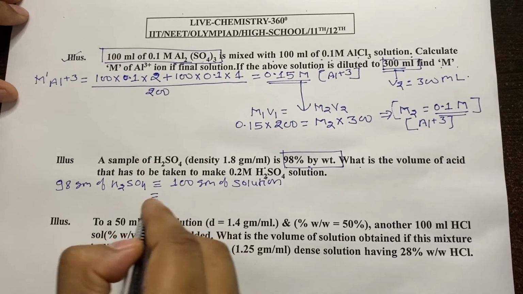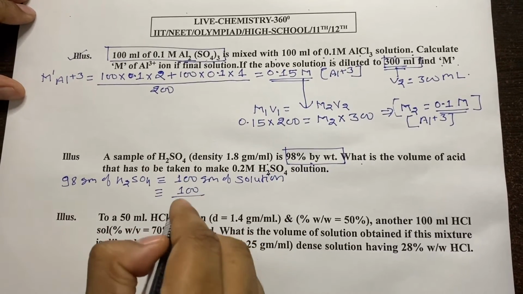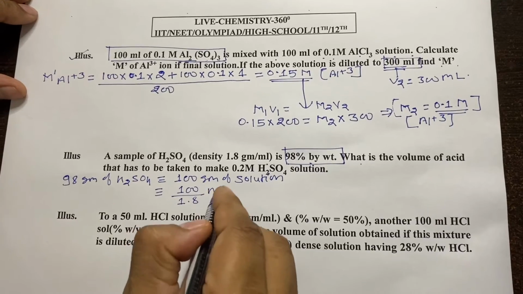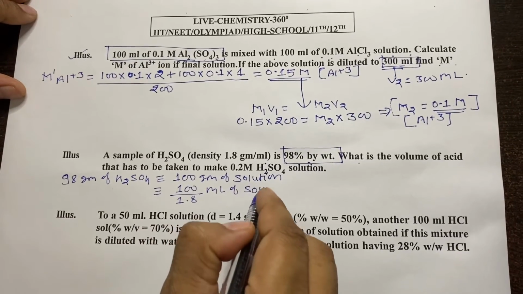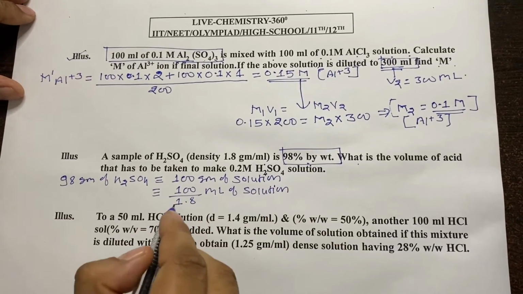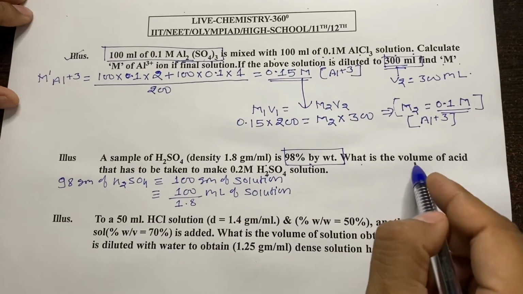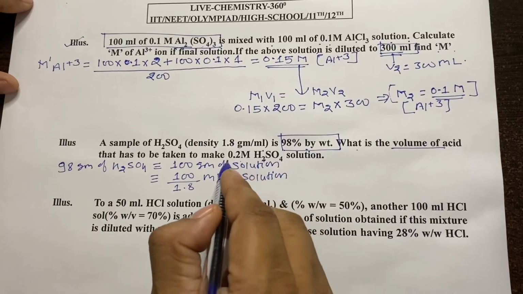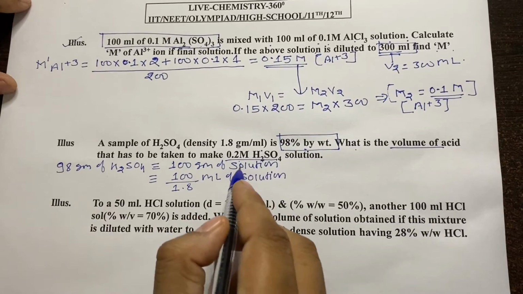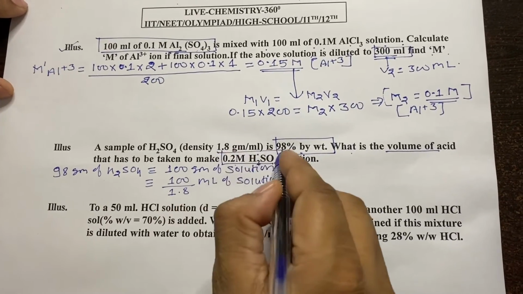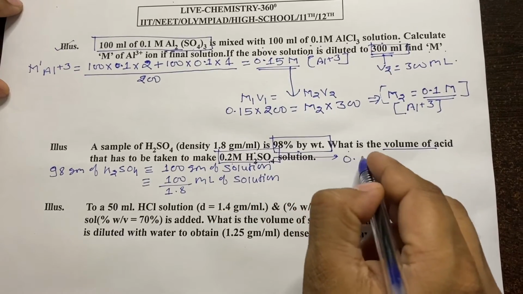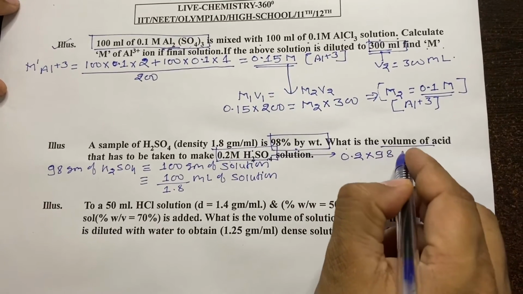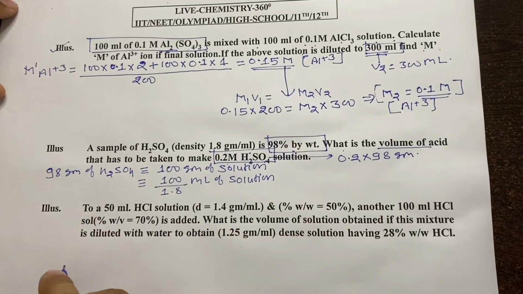Or we can say it is present in 100 upon 1.8 ml of solution, because mass by density is volume. It is required to calculate the volume of acid that has to be taken to make 0.2 M H2SO4. So 0.2 M H2SO4 clearly means 0.2 into 98 gram. This is the mass of H2SO4.